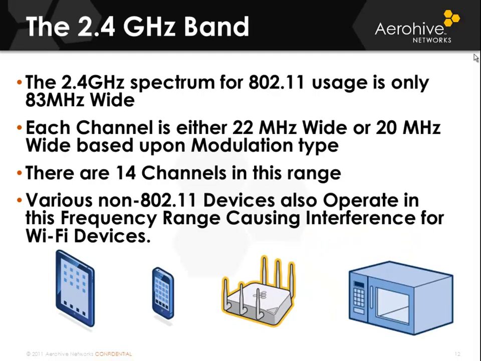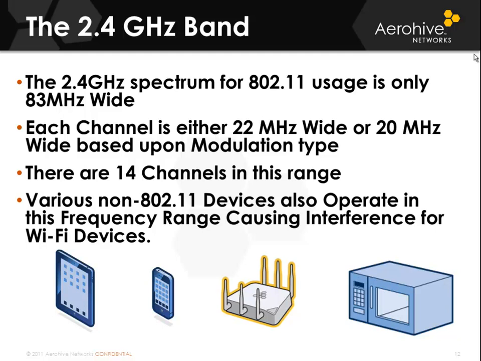The 2.4 gigahertz band is 83 megahertz wide. There are 14 channels available within 2.4 gigahertz, although not all channels are legal in all regions. Each channel will be either 22 megahertz wide if you're using direct sequence spread spectrum or frequency hopping spread spectrum, and 20 megahertz wide if you're using orthogonal frequency division multiplexing or OFDM.